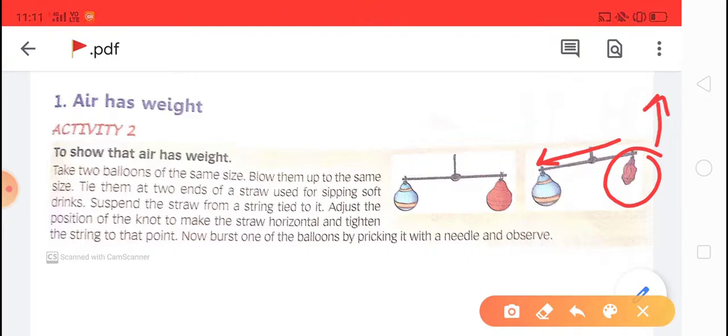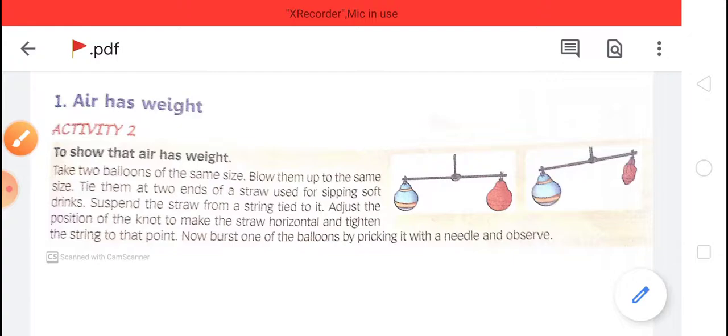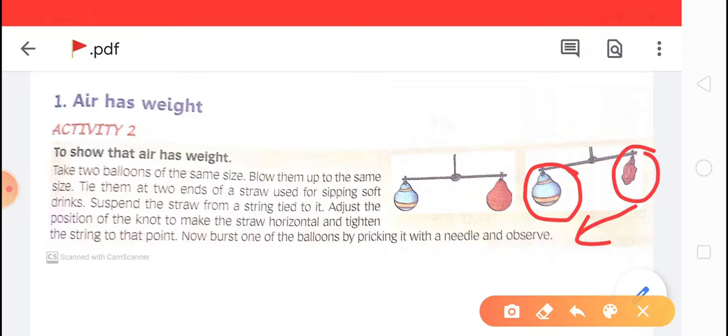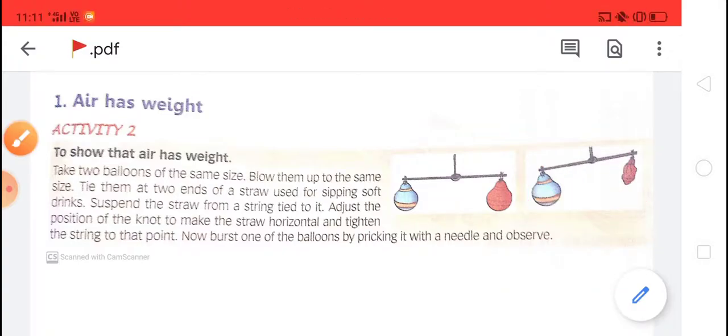From this activity we show that the inflated balloon, which has air inside it, is heavy, so it goes down, and the empty balloon, which does not have any air inside it, is lighter. This is the lighter balloon and this is the heavy balloon. That is why the inflated balloon goes downward.